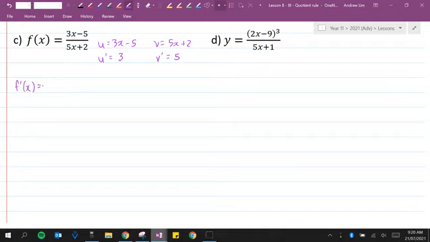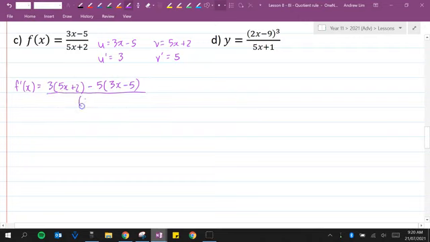Okay, let's go through this. vu', 3 lots of (5x plus 2), minus uv', which is 5 lots of (3x minus 5), all over v squared.